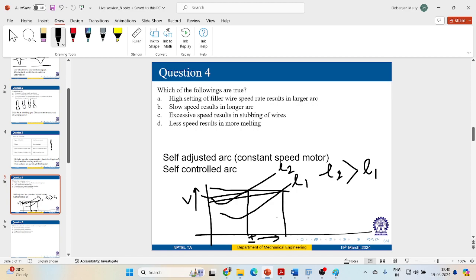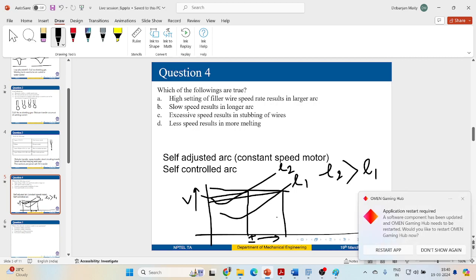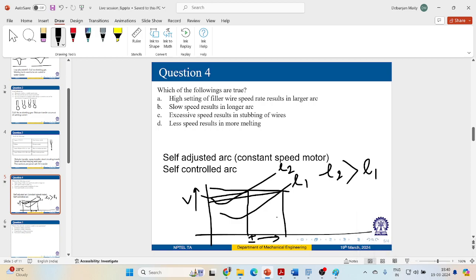There will be a bigger change in my arc current with flat characteristics, right? A bigger change in your arc current with flat characteristics will increase or decrease the electrode burn off rate.